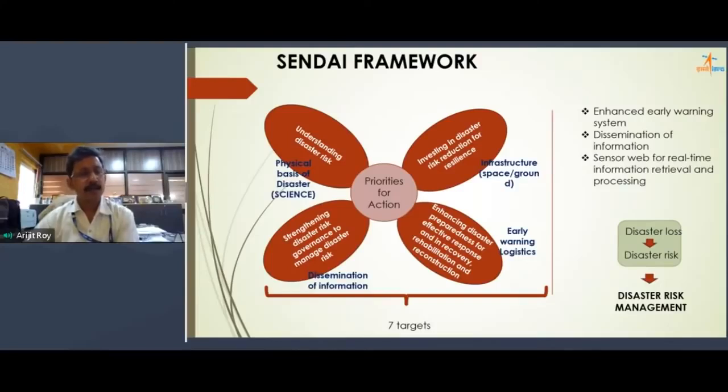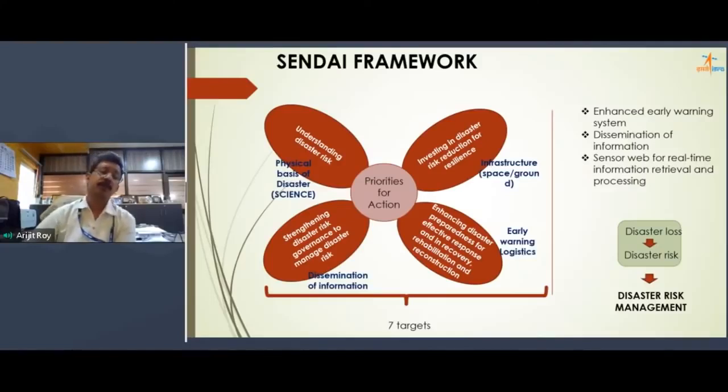Like, that is understanding the disaster risk, which is basically investing in understanding the science behind the disasters, then investing in the disaster risk reduction for resilience, that is investing in infrastructure, both space and ground-based, then enhancing disaster preparedness for effective response and in recovery, rehabilitation, and reconstruction, which translates into early warning and logistics, and strengthening disaster risk governance to manage disaster.